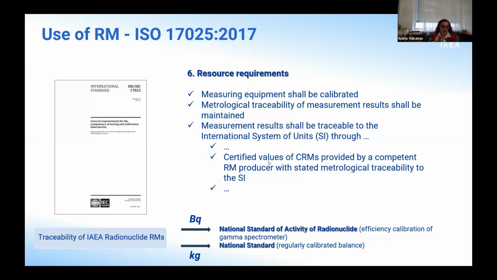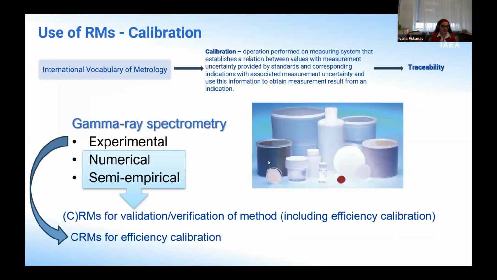So let's say a few words about calibration. In laboratories where radioactivity needs to be determined by relative methods like gamma spectrometry is, the measuring system needs to be calibrated, and proper calibration will ensure a reliable result, but also will ensure the traceability of the measurement results.